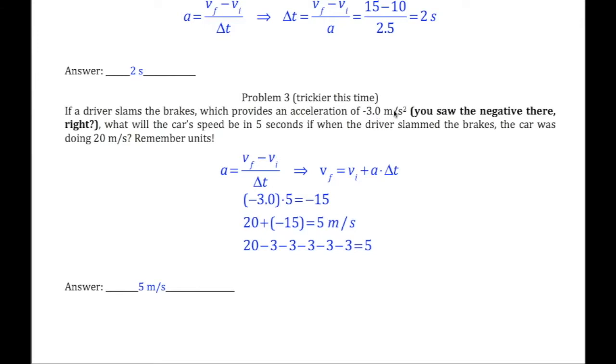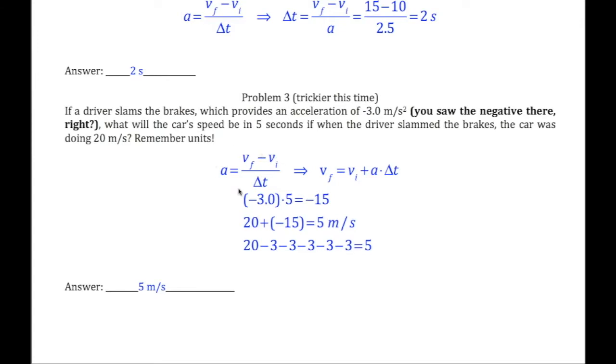One way you can imagine it: it was moving 20. 1 second later, it will be only moving 17 because 20 minus 3 is 17. 2 seconds later, that would be 20 minus 6, only 14. So you could do this lower school style, 20 minus 3 five times.